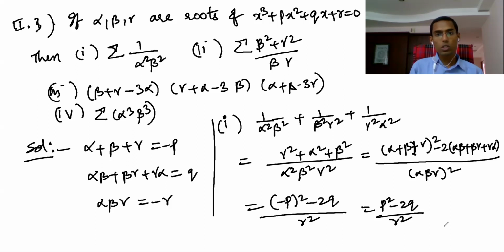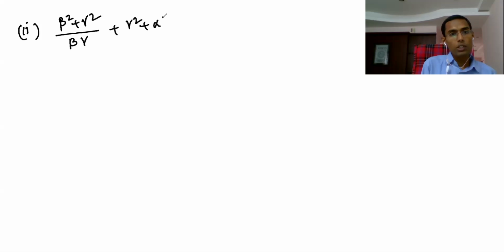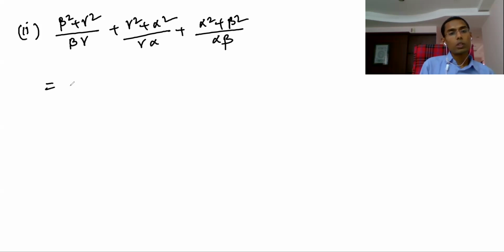Let's go to the second question. We need to find out beta square plus gamma square by beta gamma, plus gamma square plus alpha square by gamma alpha, plus alpha square plus beta square by alpha beta. Now how do you answer this one? If you take the LCM, you get alpha beta gamma.